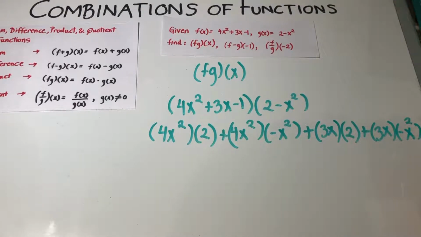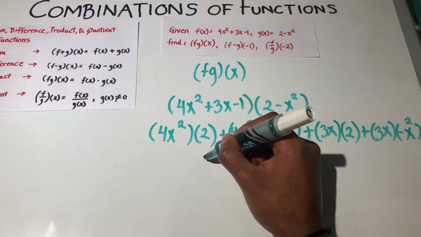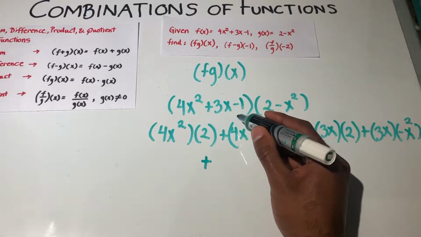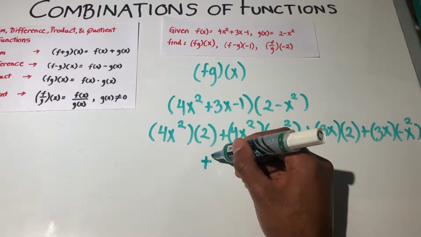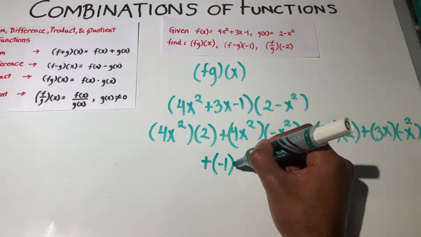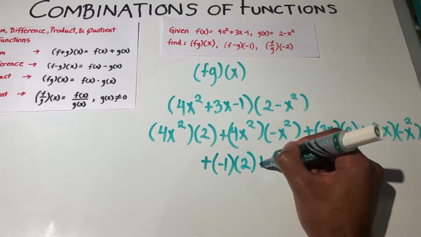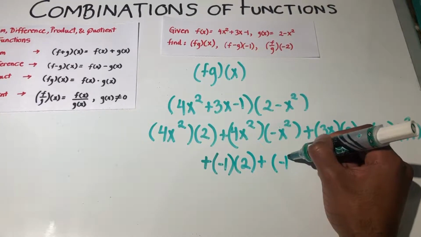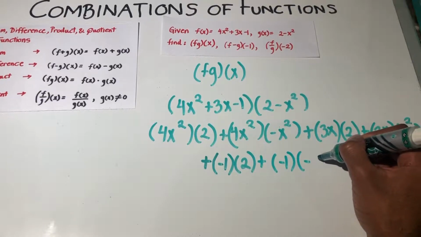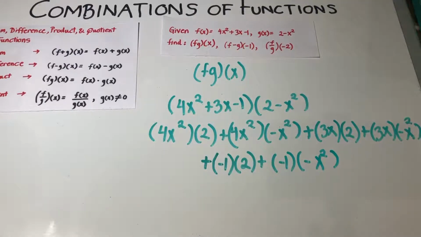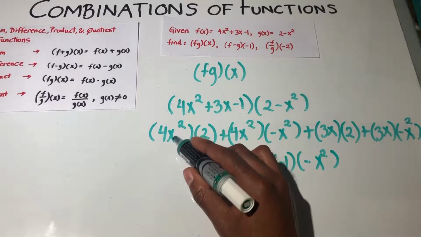So we have a plus sign here. Let's not forget that. But I'll put it down here. We have negative 1 times 2. Then we have negative 1 times negative x squared. So you're just left with some algebra here, which is not a big deal.